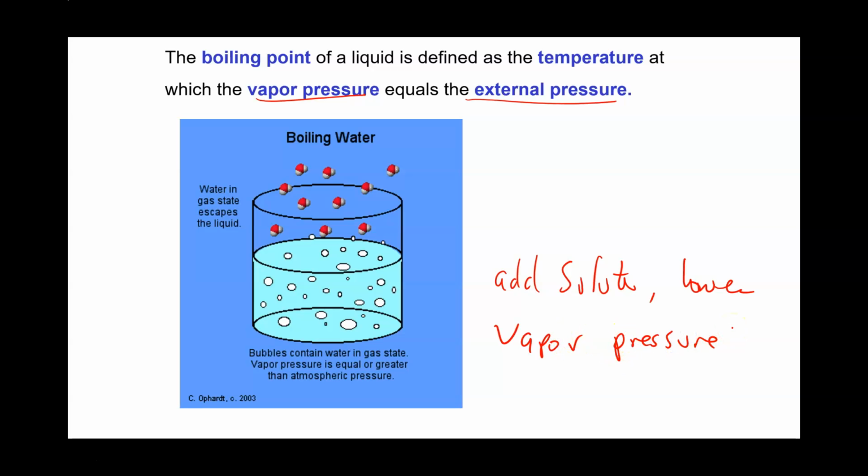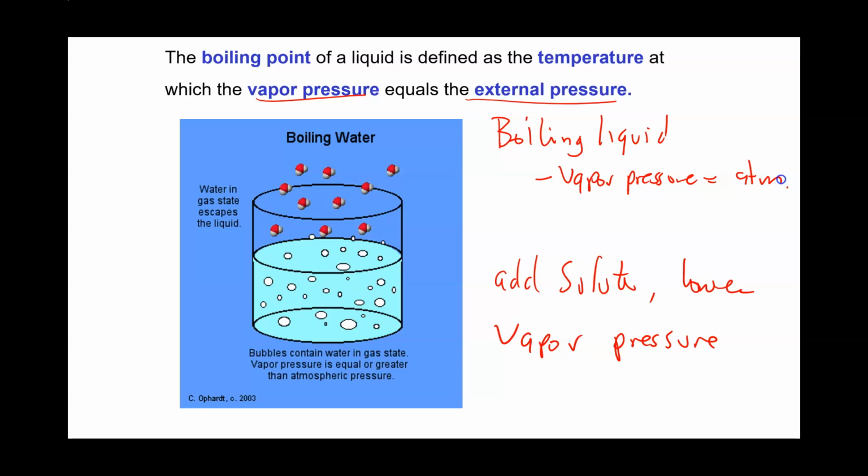So that's going to affect the temperature at which boiling occurs, because you imagine that you've got a boiling liquid. What we know is that the vapor pressure equals the atmospheric pressure. Now if I add a solute, what's going to happen?